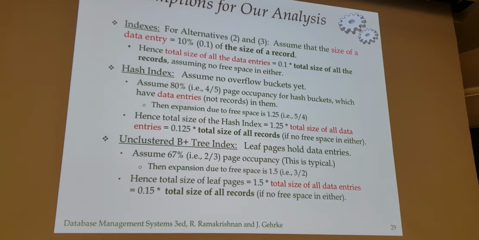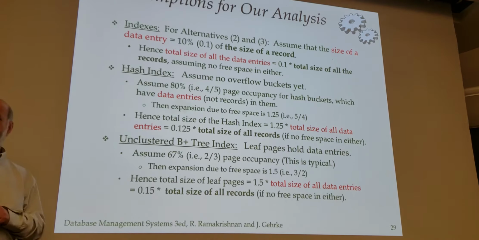Since each data entry is 1/10 of each record, the total size of all the data entries jammed together, no free space, is 1/10 the space of all the data records with no free space, okay? That's the way things work over there.